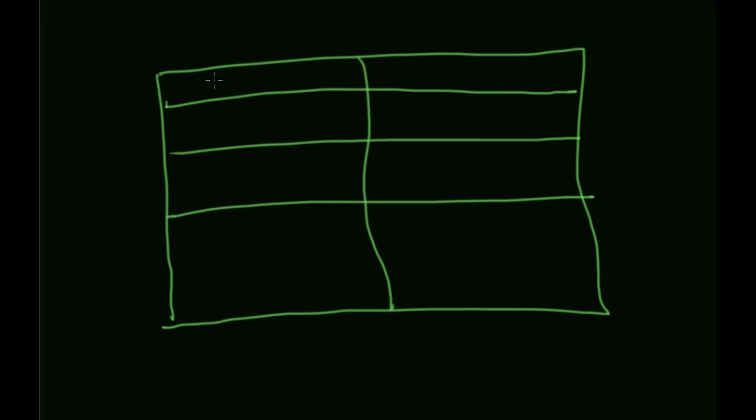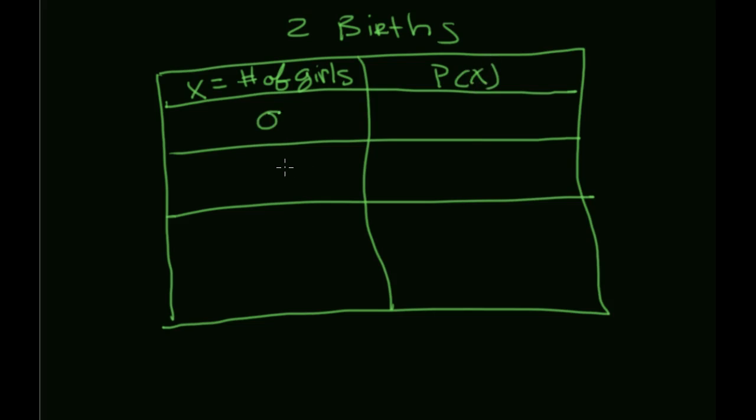Okay, so in my table, I'm going to have 2 births, and X is going to be the number of girls. And this will be the probability of X. So we could have 0 girls, we could have 1 girl, or we could have 2 girls. Those are the only possible outcomes.